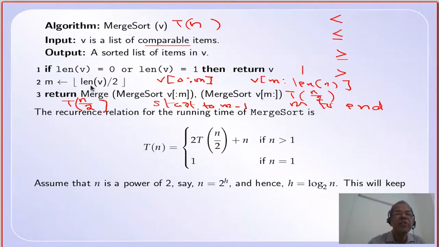What is the running time of merge? N. Therefore, this is N plus T of N by 2 plus T of N by 2. That is N plus 2 times T of N by 2, if N is larger than 1. If N is equal to 1, it is equal to 1. This is the recurrence relation for merge sort.